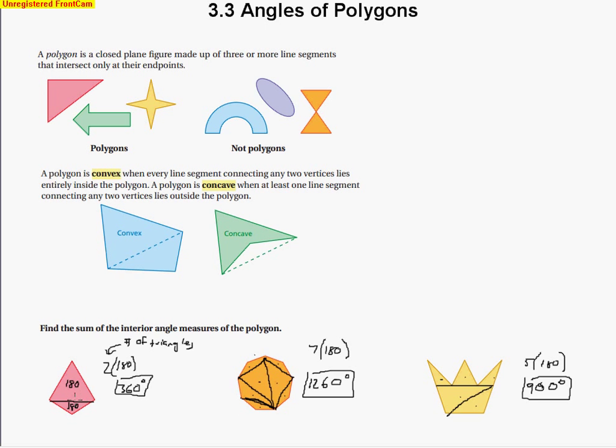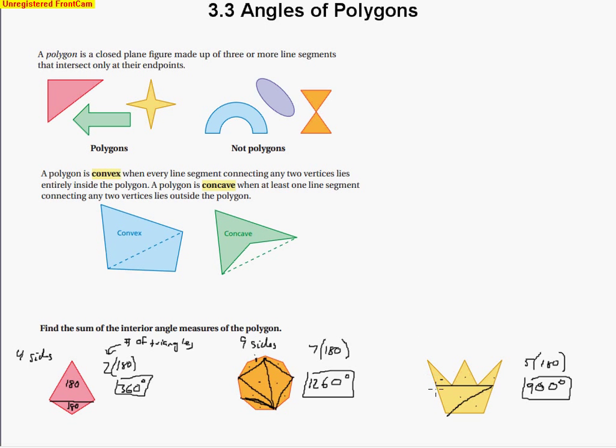We could look at a pattern. There are 4 sides here, and I saw 2 triangles inside. On this one, here we have 1, 2, 3, 4, 5, 6, 7, 8, 9 sides, and we multiplied by 7 because there are 7 triangles.